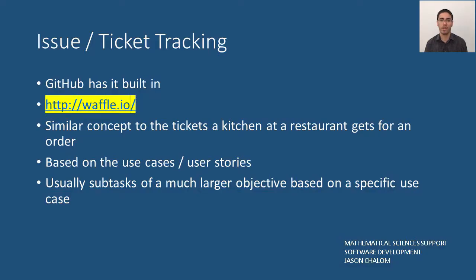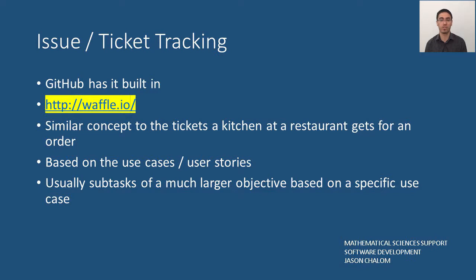One method of tracking all of this is called issue or ticket tracking. GitHub has a built-in system called Issues, which allows you to do this. There's another website called waffle.io, which uses the GitHub issues to make it more like the tickets that are used in a restaurant, to give a chef a table's orders that he then gives to the chefs that work under him in order to create the plate of food or the several plates of food.